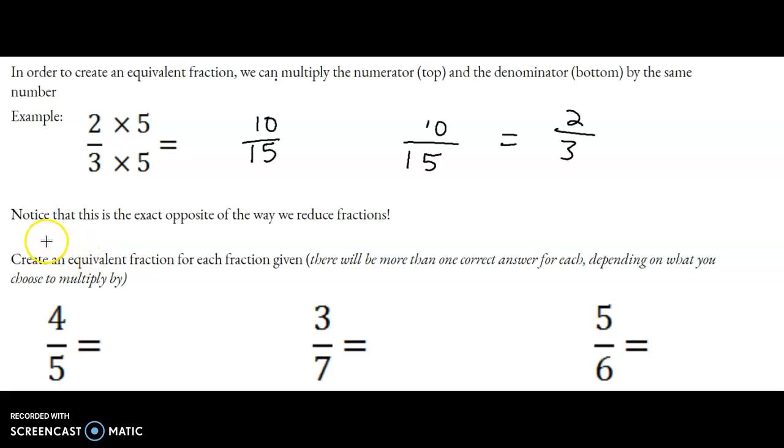It is the exact opposite of the way that we reduce fractions. We find the equivalent fraction by multiplying, but when simplifying, we find it by dividing by the same number.